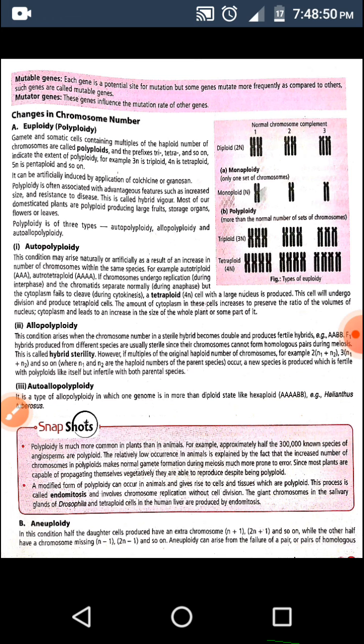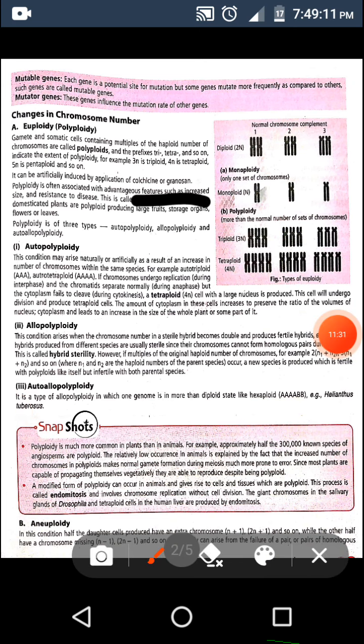In the agricultural field we are inducing this polyploidy condition by treating with some of the chemicals, that is colchicine or granocin. These chemicals may increase the number in a haploid set.